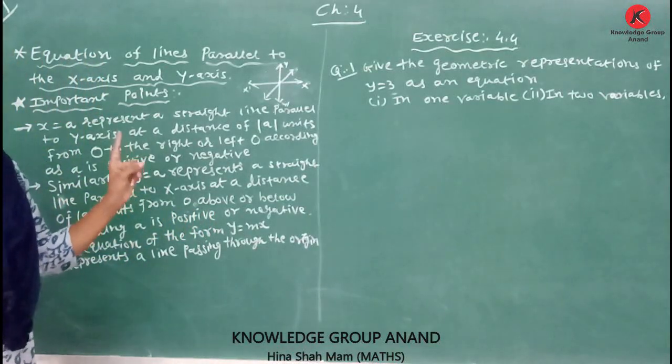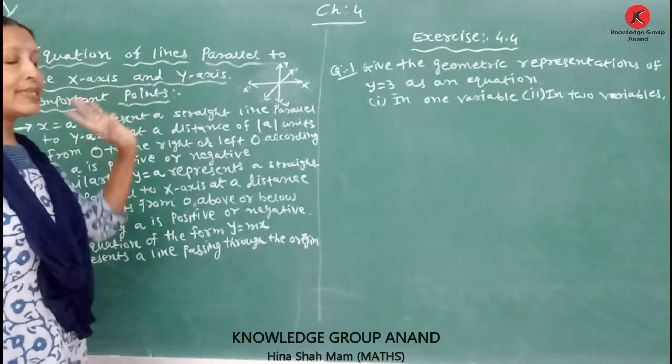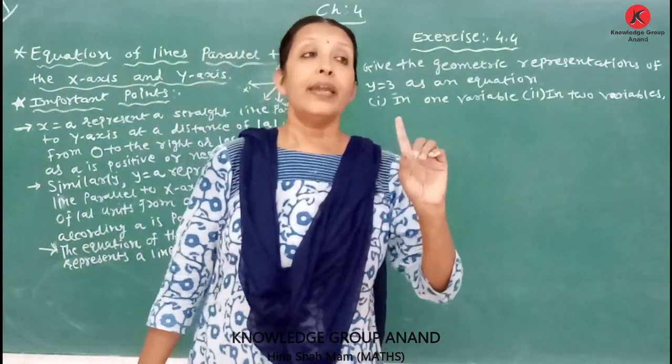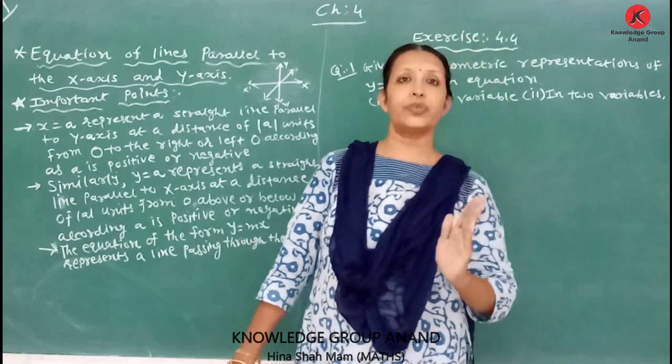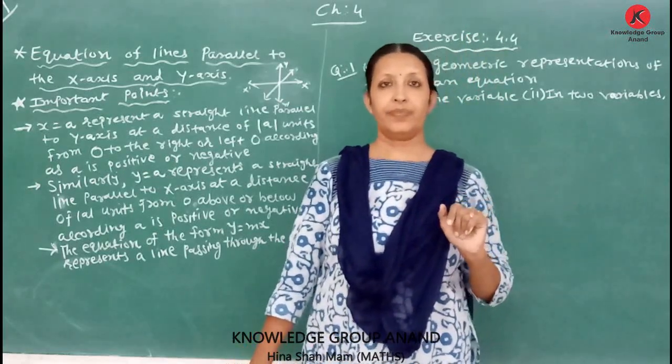3 points. Equation of lines parallel to the x-axis and y-axis and passing through the origin. First, if x is equal to a, then it is parallel to the y-axis.